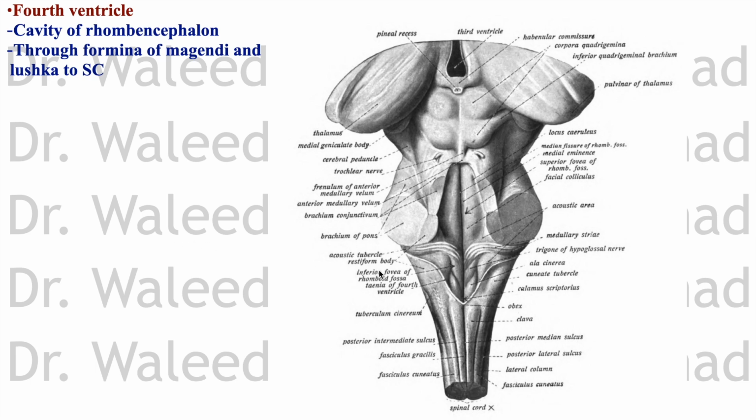Fourth ventricle, this is a posterior view of the brainstem, cerebellum removed, of course, to visualize the posterior surface of the brainstem. This is the midbrain, and this is the pons, and this is the medulla. This is considered the floor of the fourth ventricle. You can find many structures like the median eminence, for example, the facial colliculus, the hypoglossal trigone, and the vagal trigone.